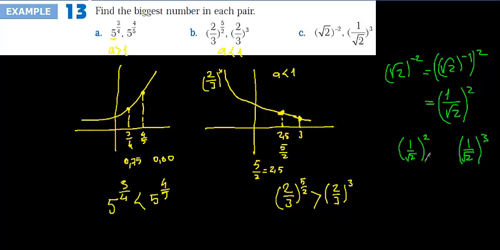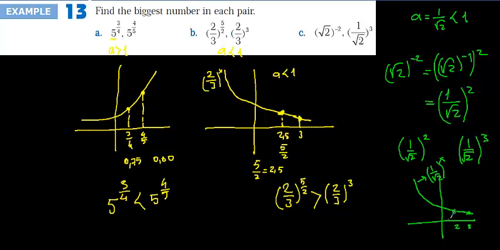For understanding this one, firstly we should understand that the a value that I chose is 1 over root 2, and this number is smaller than 1. If it is smaller than 1, the function graph should be a decreasing graph. This is 1 over root 2 to the power of x. x is equal to 2 here, x is equal to 3 here.